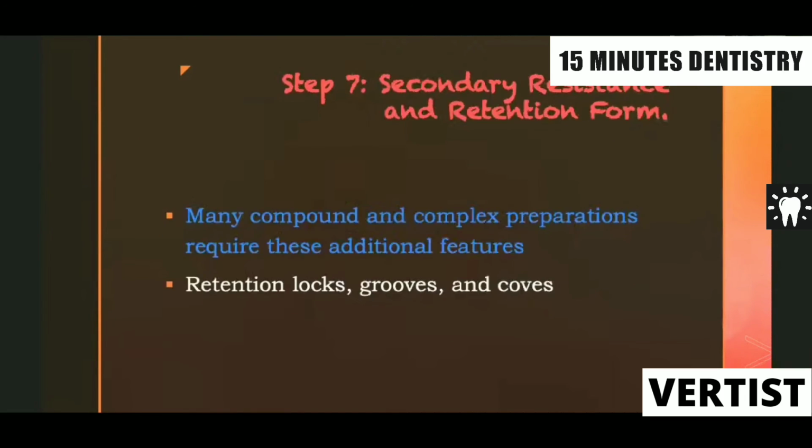Right? Now, after you have done these basics, you look at the cavity, and if you feel you need to incorporate some more resistance and retention forms, that's called secondary resistance and retention form. If it's a compound or a complex preparation, you might have to incorporate a retention lock. You might need to incorporate a groove. For retention, you need to make coves.